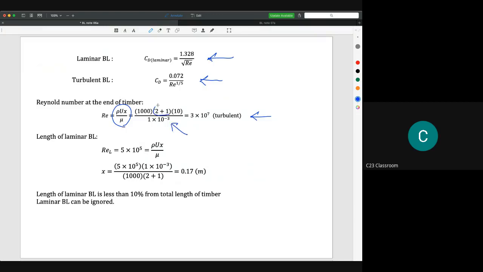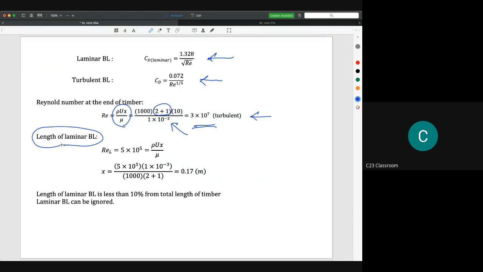We use the velocity as 3 because they flow in different directions. We get 3 times 10 to the power of 7, which means the Reynolds number is turbulent. Then we need to determine whether the length of the laminar boundary layer is significant to be counted or not.